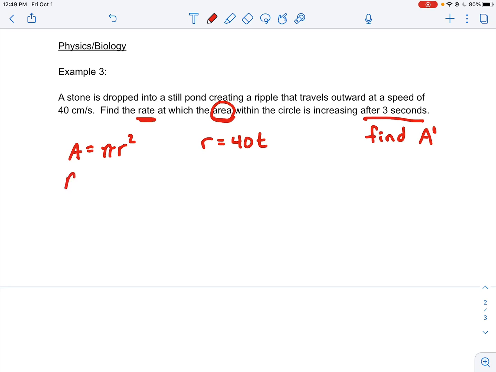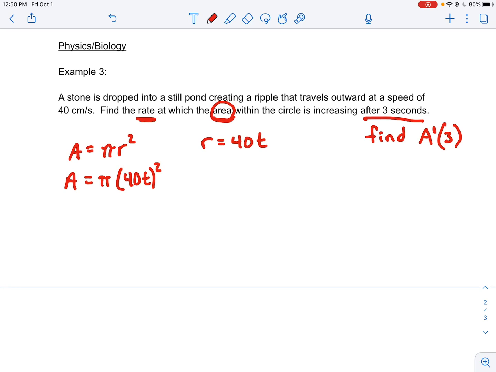So we can take 40t and replace our r with the 40t. Now we have this in terms of time, because we have to have it in terms of time to be able to find our final answer, because we would need to know what is A prime of 3 seconds. Okay?